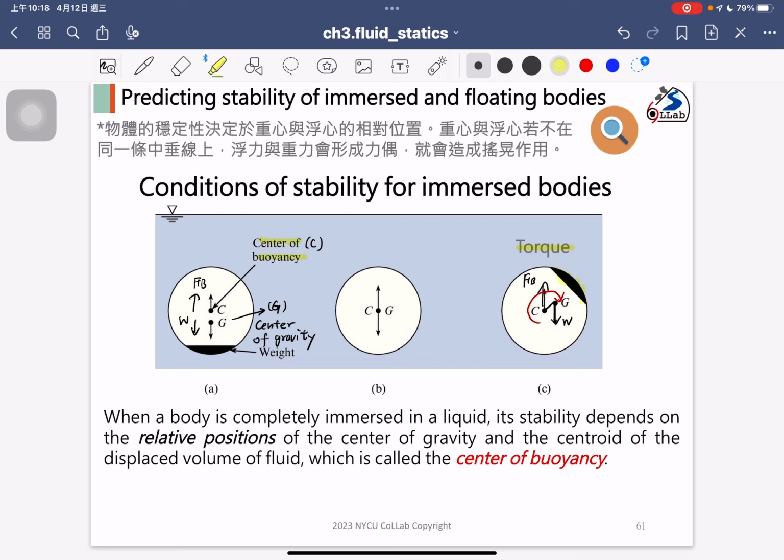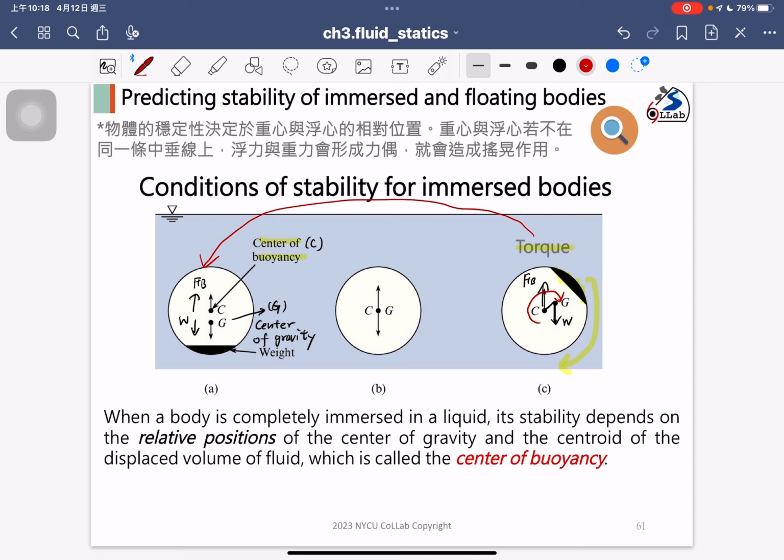So if the body is disturbed, we will have the negative moment, which indicates the body will rotate and go back into the stable condition. After you disturb the body, you will see an additional moment, and that additional moment moves the body back to the stable condition.